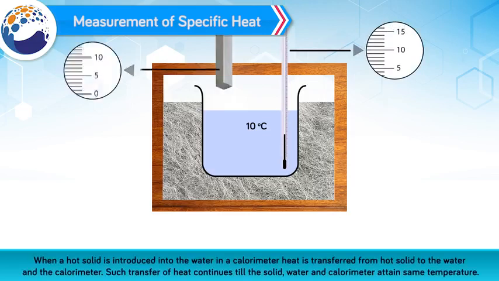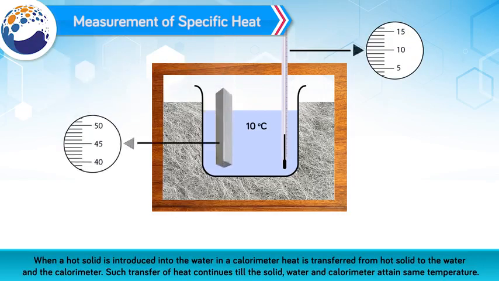When a hot solid is introduced into the water in a calorimeter, heat is transferred from the hot solid to the water and the calorimeter. Such transfer of heat continues till the solid, water and calorimeter attain the same temperature.